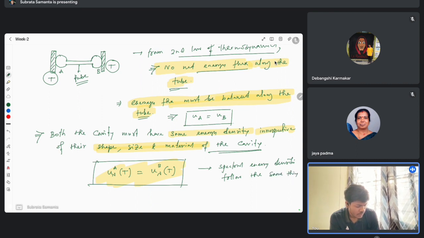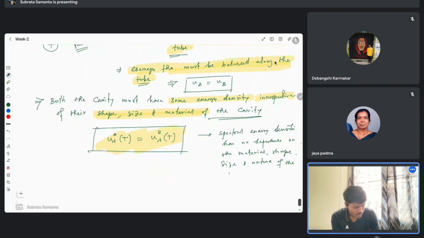Actually, as specifically written, the spectral energy density has no dependence on the material, shape, size, and nature of the chemical. No dependence.